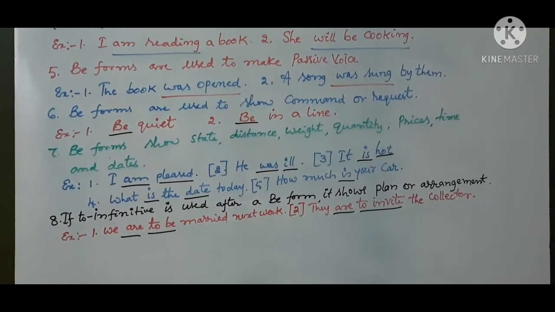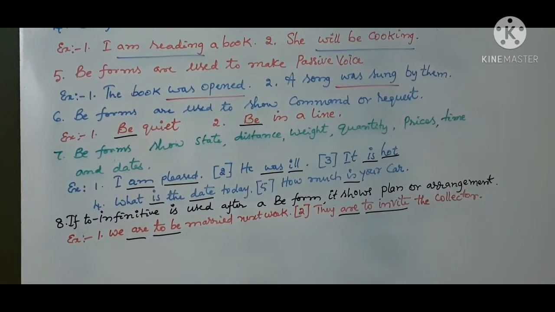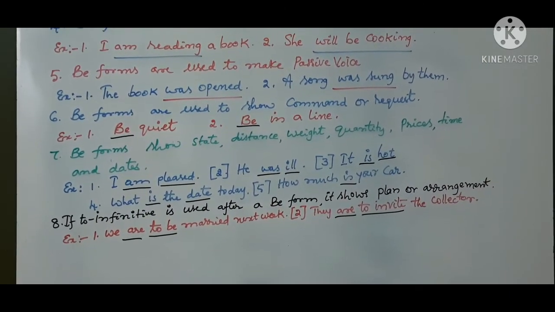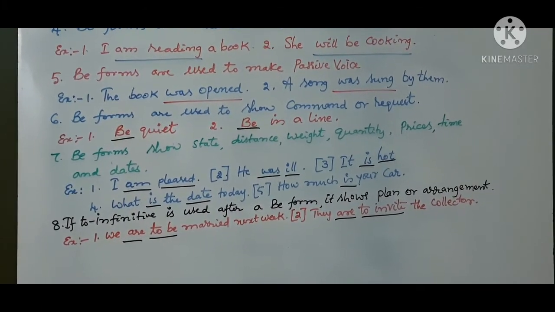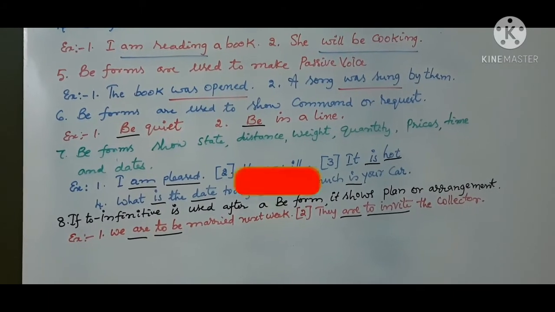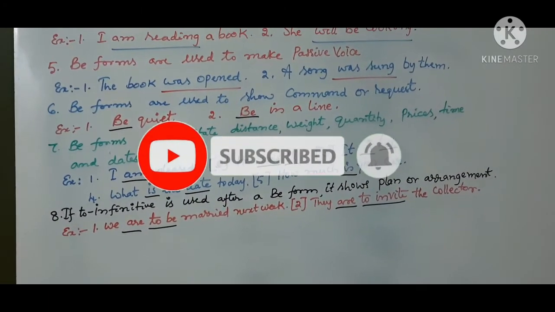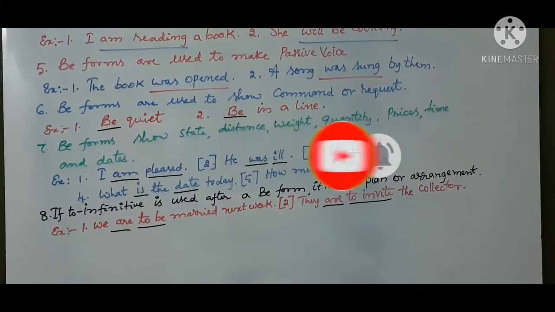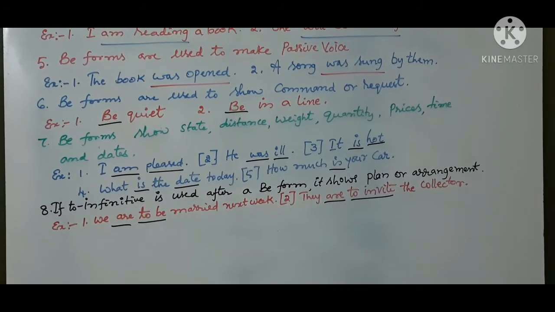Sixth rule: be forms are used to show command or request. We say, be quiet, be in a line. These are some examples. Be forms also show state, distance, weight, quantity, prices of things, time and dates.